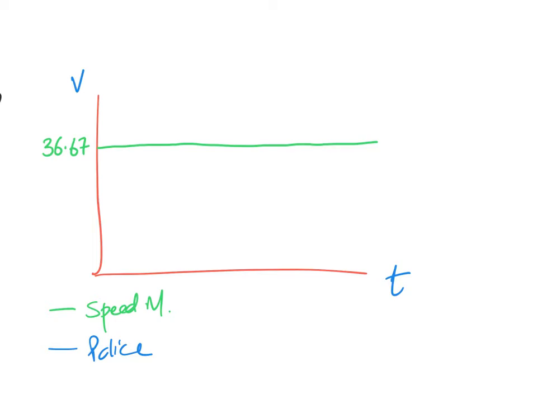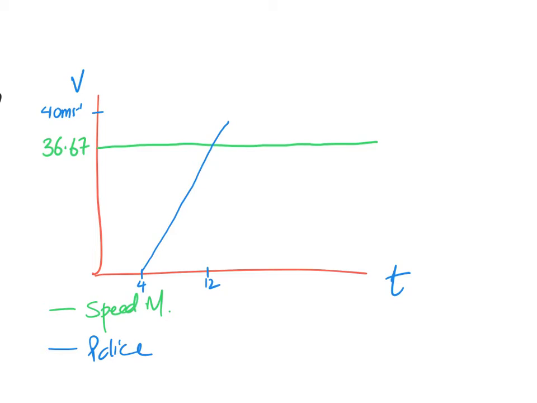The police car, on the other hand, does not begin pursuit for 4 seconds. After it does begin pursuit after 4 seconds, it accelerates for 8 seconds. So the total time on the x-axis would be 12 seconds by now. And we know that during its acceleration process, it gets to a speed of 40 meters per second.